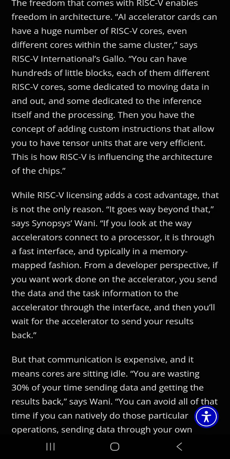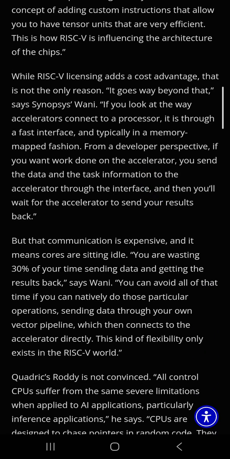While RISC-V licensing has a cost advantage, that's not the only one. It goes way beyond that, such as this one. If you look at the way accelerators connect to a processor, typically through a faster interface in a memory-mapped fashion, from a developer perspective, if you want work done on the accelerator, you send the data and the task information to the accelerator through the interface, and you wait for the accelerator to send your result back.